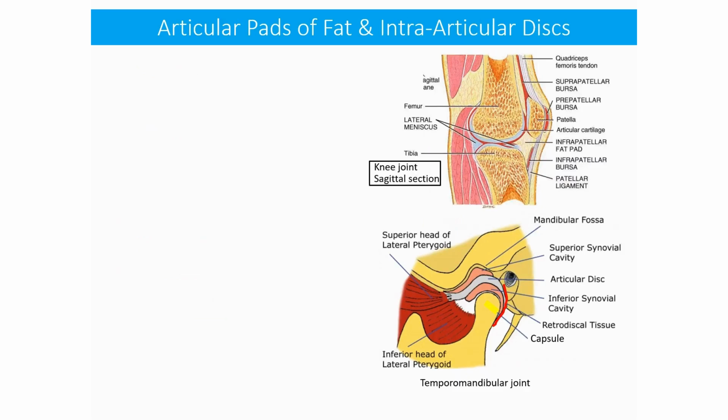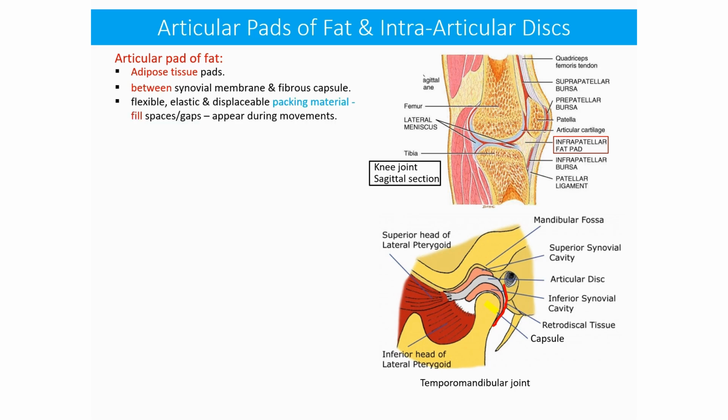Articular pads of fat and intra-articular discs. First, the articular pads of fat or adipose tissue pads. They are present between the synovial membrane and the fibrous capsule.